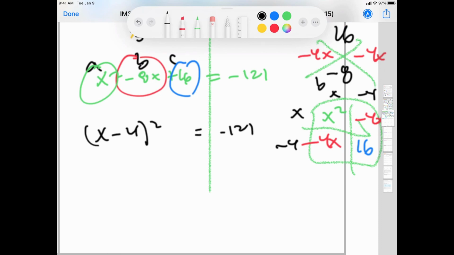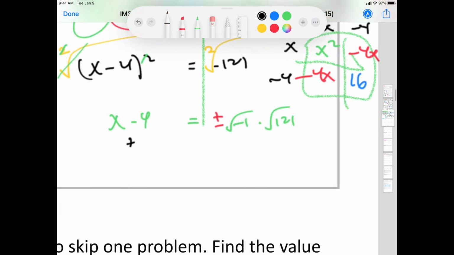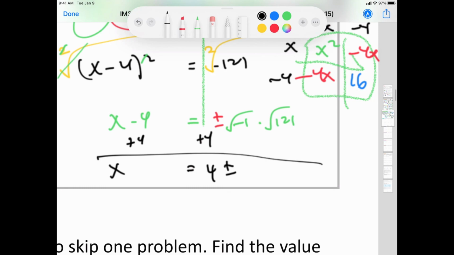Now you can take the square root. x minus 4 equals the square root of negative 121, and the plus or minus. So I add 4. Remember, adding 4 goes to the left. 4 plus or minus 11i is our answer.